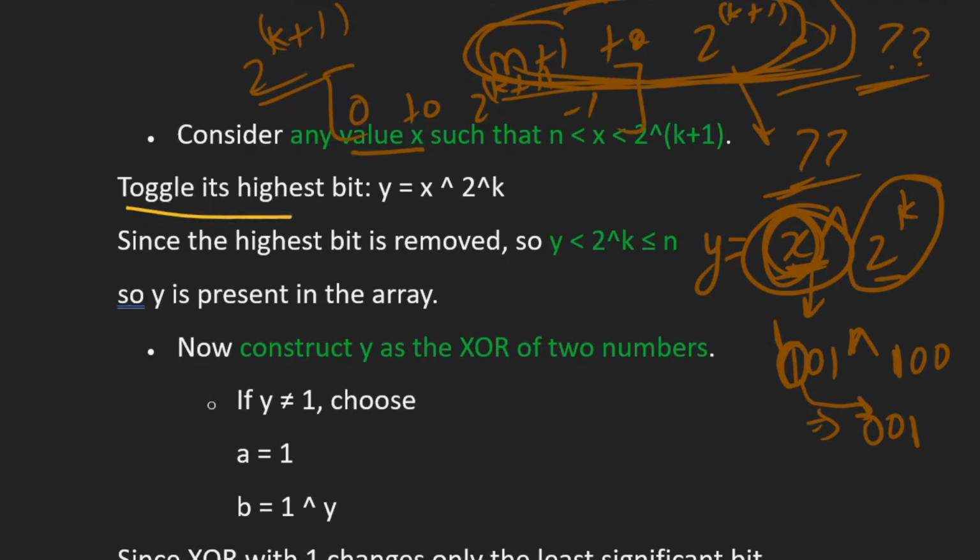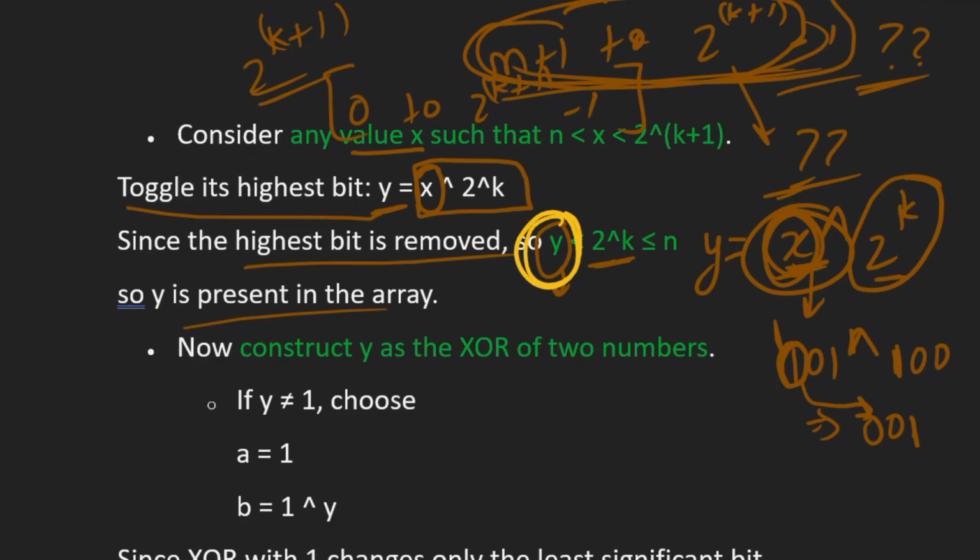So the first thing that we do is we toggle the highest bit of the value, right? And since the highest bit is removed, the answer that we get, that is y, will be less than 2^k. As we know, this y is less than 2^k, so it will be present in our array. Now we try to construct this y using two numbers from the array.